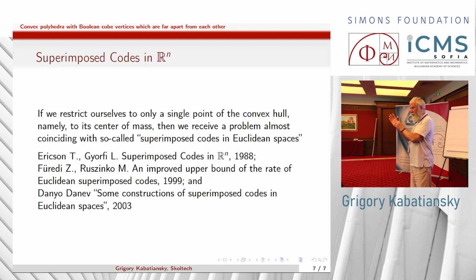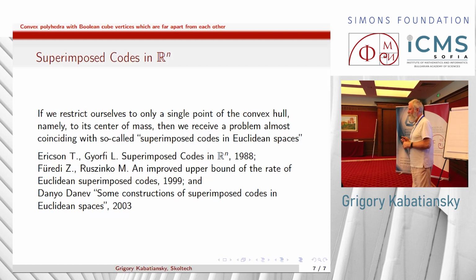When you go for the case when you have non-zero rate, then of course you can have more. In particular, because the cube has only 2 to the power n points, and on the sphere you can find as many points as you want, and you can still enjoy distances that grow linearly with the dimension.